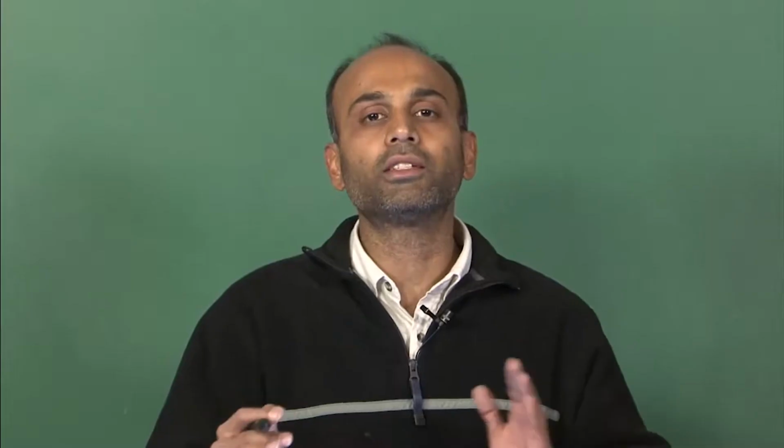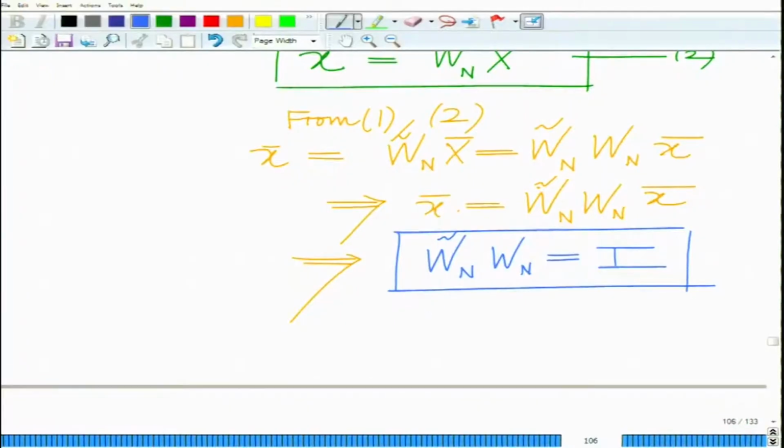Remember, it is not specific to a certain vector x bar, it happens for every vector x bar, which means that the matrix A must be identity, which means W N tilde is the inverse of W N. Similarly, W N is the inverse of W N tilde, and that is natural, correct, because IDFT is the inverse of the DFT, and the DFT is the inverse of the IDFT. So, therefore, W N tilde W N equals identity, similarly W N into W N tilde equals identity.